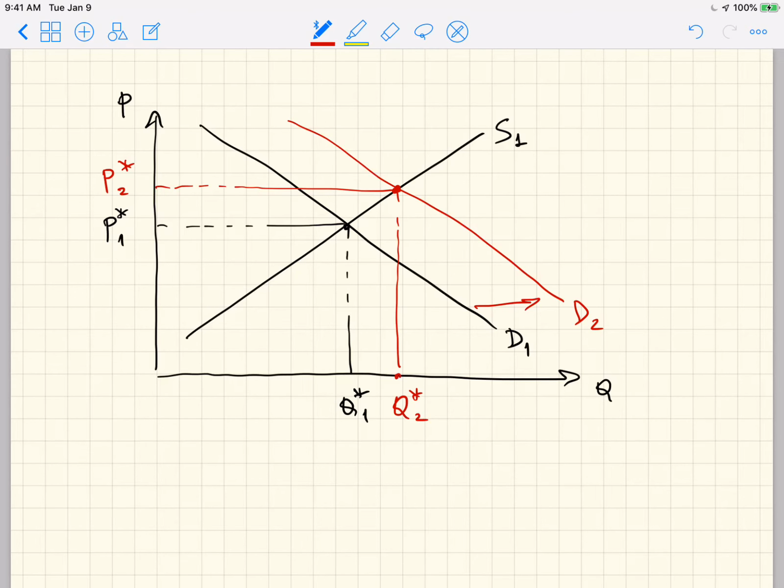Now, one important thing we need to understand is that when demand curve is shifting, then supply curve stays the same. So if you're looking at questions related to this story, then remember, one thing only changes one curve. And a shift in one curve, basically in demand or supply, is not going to do anything to the other curve. So what is changing, like in this case, as demand is increasing, is quantity supplied.